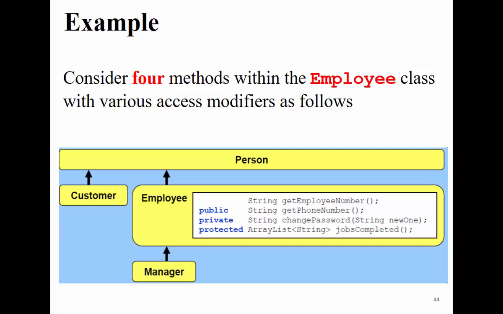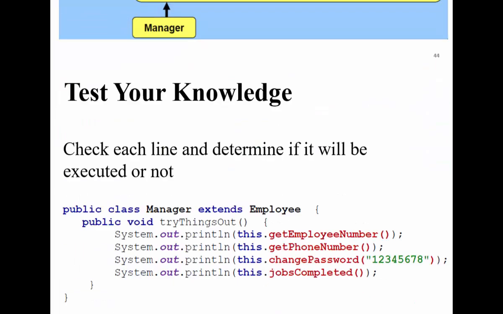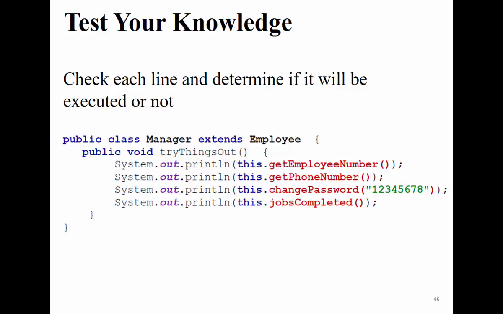So the one without an access modifier, what is the default access modifier for it? Private. It will be package access modifier, which is actually inside the package. Inside the package. Most likely it's public. Okay? We will see. Now the manager extends the employee, and the manager tries to print this dot get employee number.